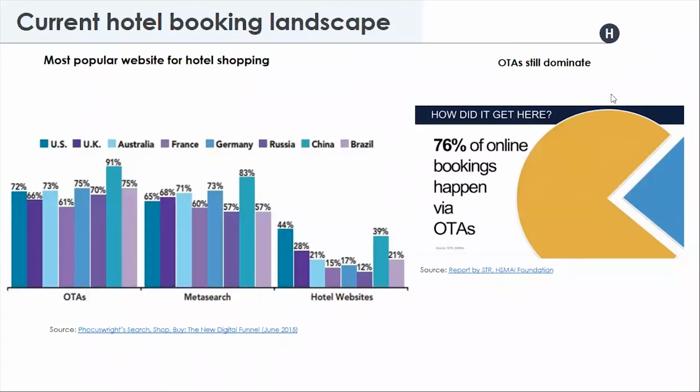The first of these 2 slides highlights that people come to hotel websites, they go to meta search, and they go to OTAs before they make a booking. So it's not that they go to one source and make a booking from that source itself. They might first go to an OTA and then go to the hotel website and look at it, though you see that the hotel website has the least number of visitors compared to a meta or an OTA.